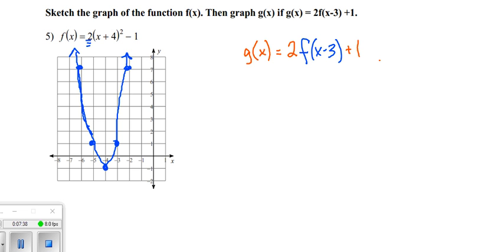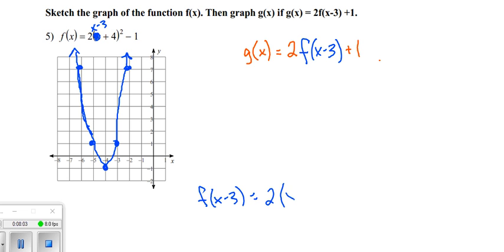F of x minus 3 is inside g of x's function. Well, we have to know what f of x minus 3 is. So what is f of x minus 3? Well, to put it simply, it is f of x's function, but instead of having an x, we put x minus 3 in for the variable. So when we come to this x right here, we're not going to put x, we're going to put x minus 3.